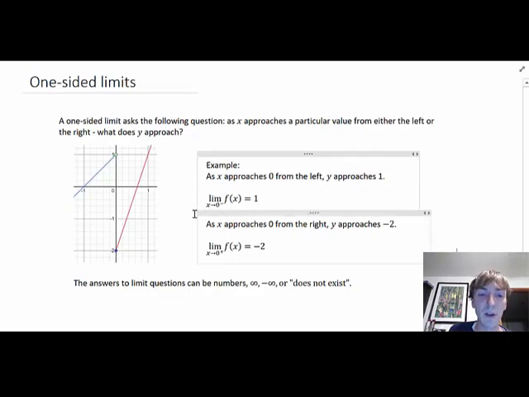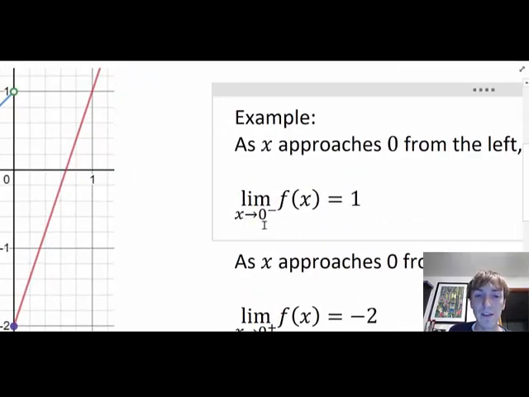And I'm going to zoom in really carefully here so that you can see this if you're watching this on your phones. Okay, this is the notation right here. x is approaching 0 from the minus side. The minus here means that I'm approaching it from the left, which means that I'm approaching it from the side that's less than 0. And in that case, I get 1.